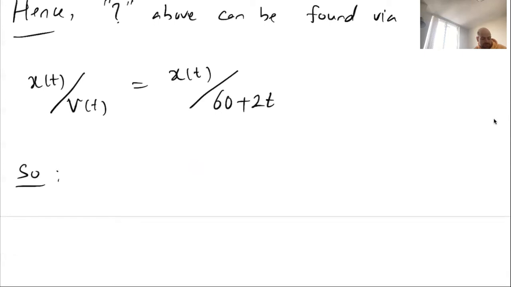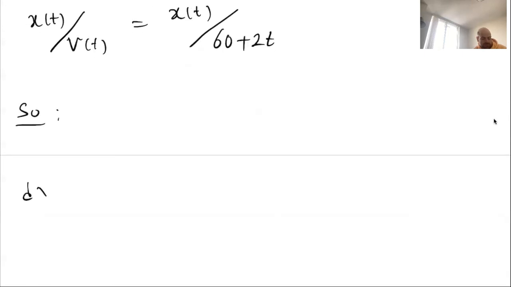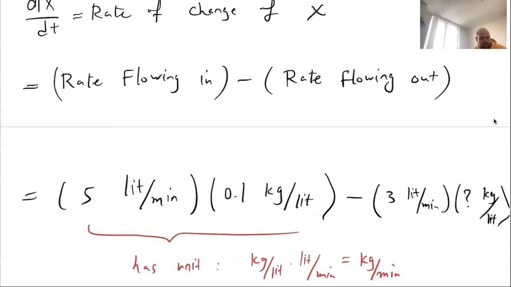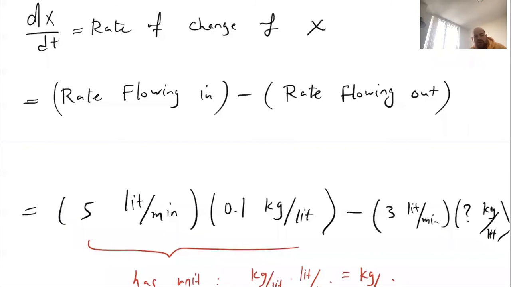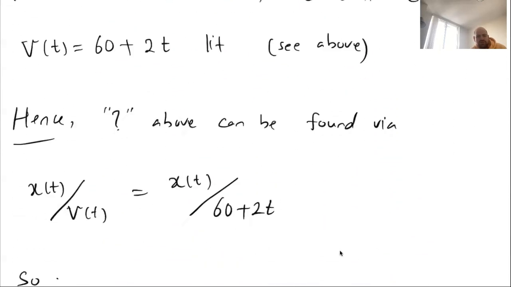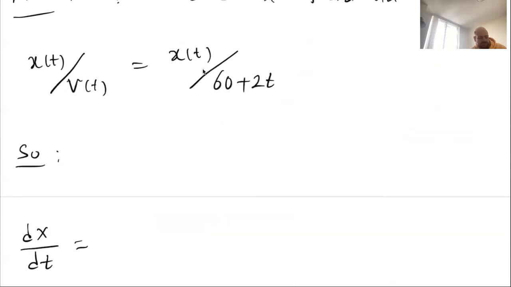So we can say dx over dt. Now let's substitute this question mark back here. Remember, we had dx over dt equals rate flow in minus rate flow out. Rate flow in, we already knew it. It was 5 times 0.1, which is 0.5, minus 3 times question mark. But question mark, we already found it as this.